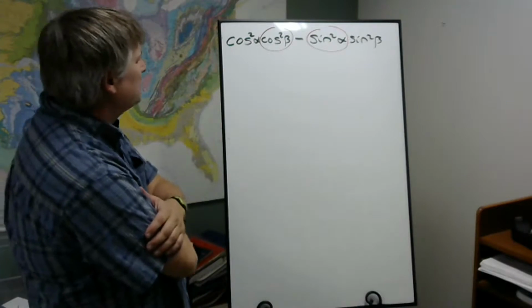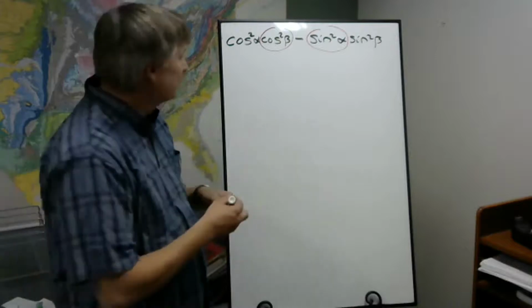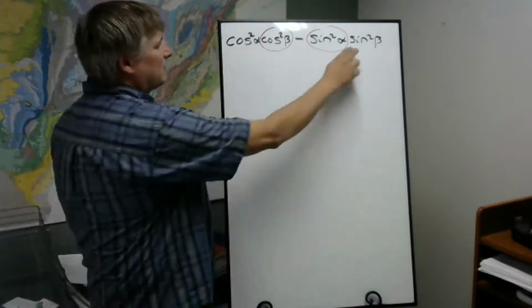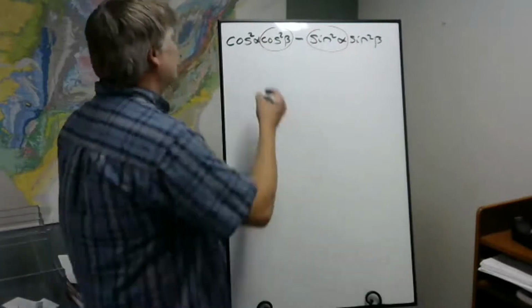What we could try to do is convert one of the cosine squares into a sine squared. So we want to get rid of this, and we want to get rid of that. So I'm going to take kind of a stab in the dark.